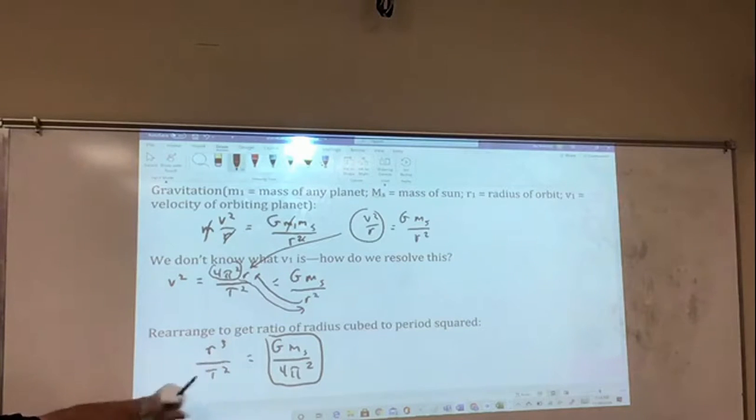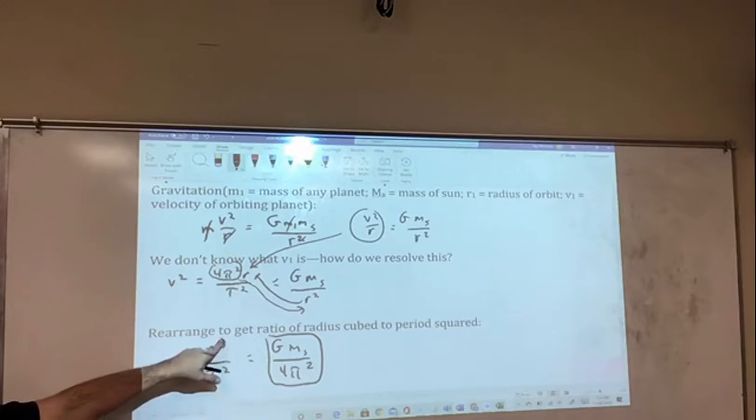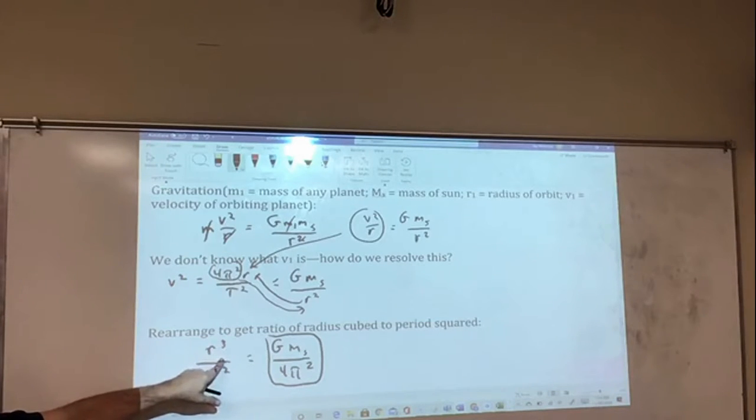And once I know what one planet's ratio is, I can figure out all of the other planets' ratios too by just knowing how far away from the sun they are, or what their period is. So if I observe their period, I can find their orbital distance from the sun. Okay, and they figured all this stuff out in the 1600s.